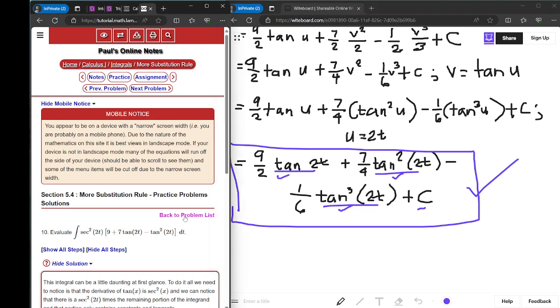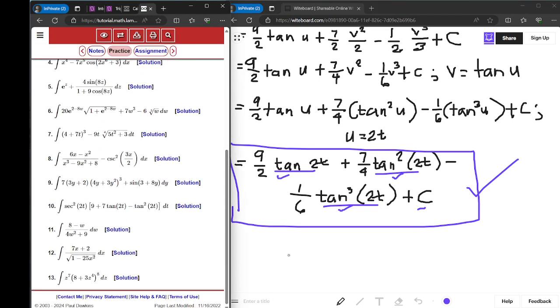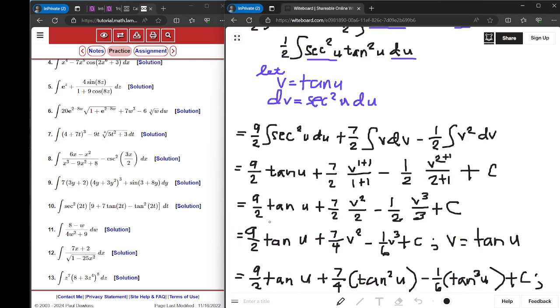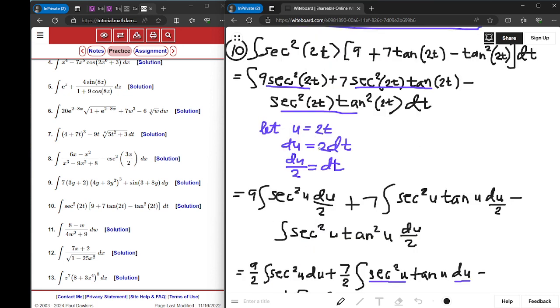So it's quite tiring to solve this very, very long solution. We have used a lot of substitutions. First is u, so that it would be much simpler to look at, and easier to integrate. So we let u be equal to 2t.